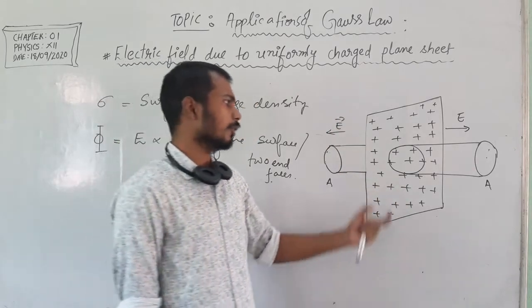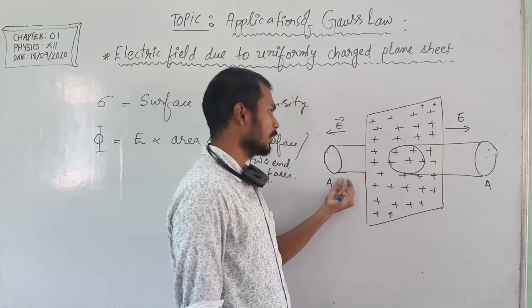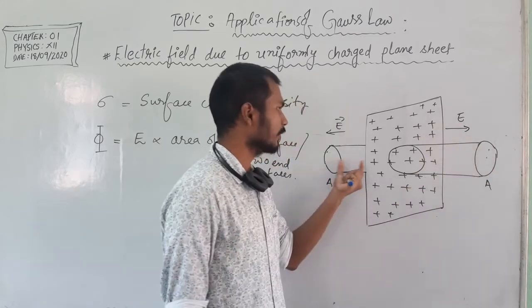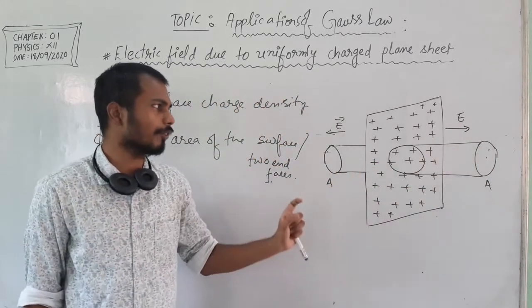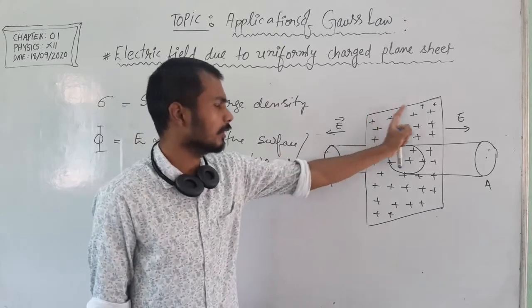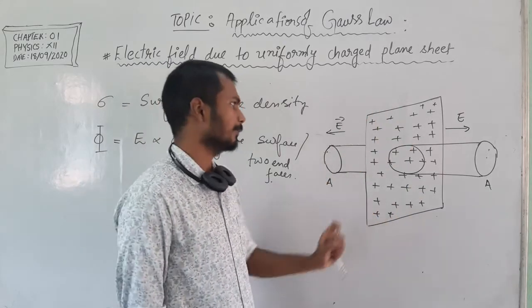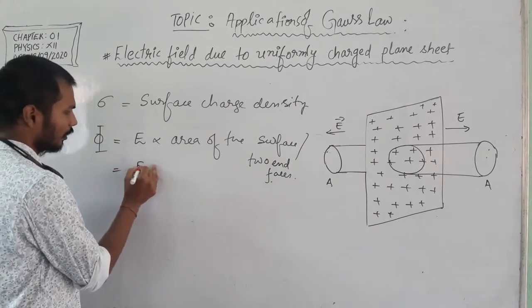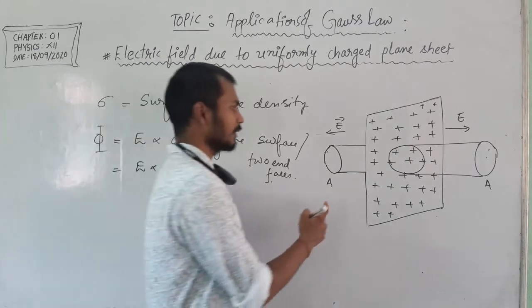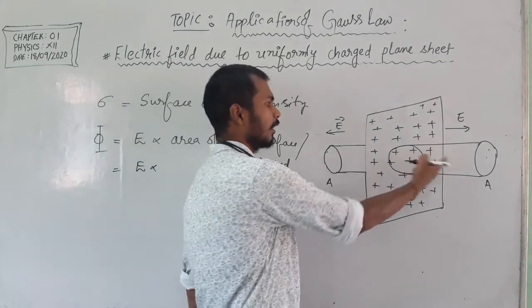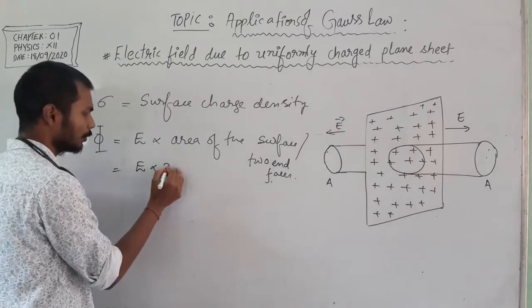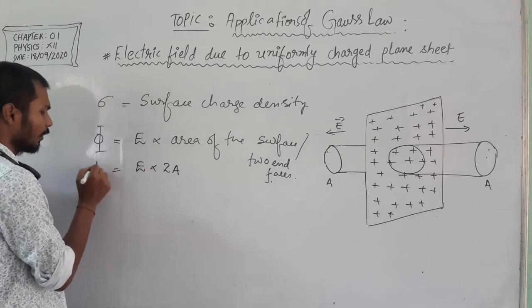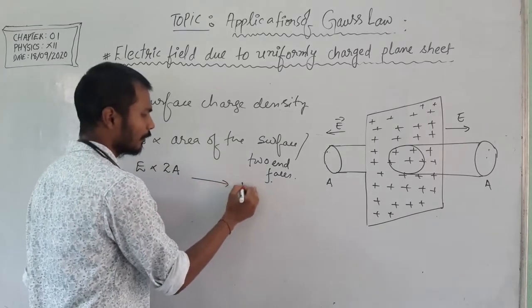To calculate the total electric flux we have to consider a small region, and this is the Gaussian surface for this plane sheet. What is the area of the two end faces? Area of one end face is A, another one is A, so the total area of two end faces will be 2 into A. So this is the electric flux according to the definition of electric flux.